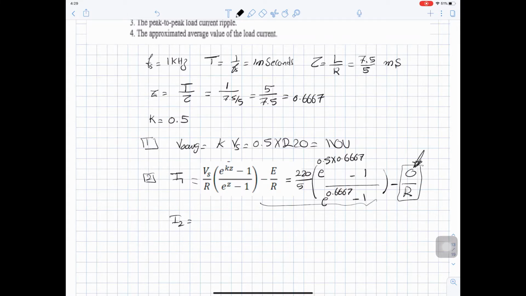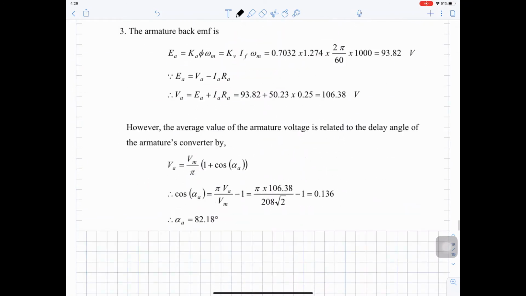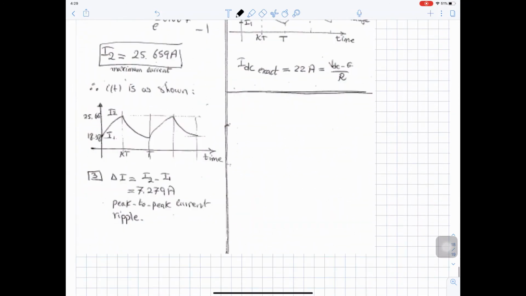The larger E you have, the more chance that you will have a discontinuous current. Which means the higher speed of the motor, the higher chance that we will get into a discontinuous mode of operation.